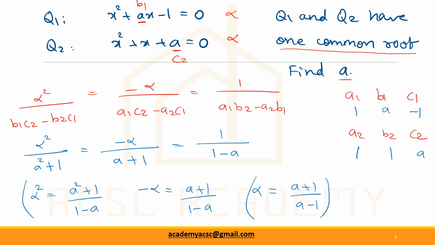Now the next thing we are going to do is eliminate alpha from here, and we'll just use these two. It must have struck your mind that there was actually no use of taking the second equation, because we are not dealing with the common root itself. We are not concerned with the value of alpha. What we are concerned with is the unknown coefficient a.